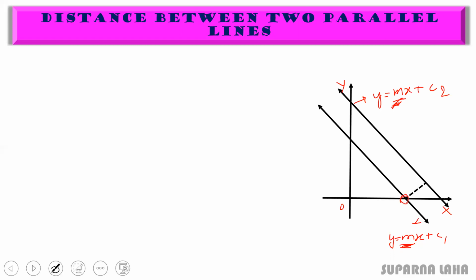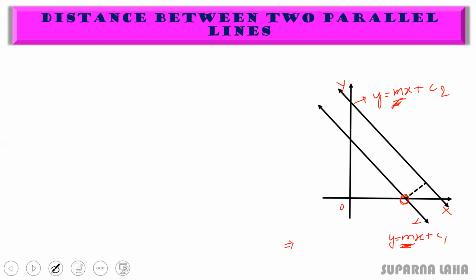So what is the x-intercept of this line, the intersecting point of this line and the x-axis, for y is equal to mx plus c1? So find the intercept form.